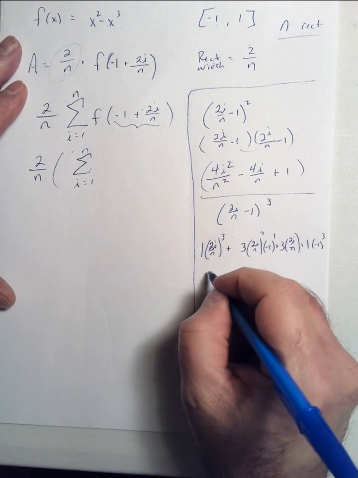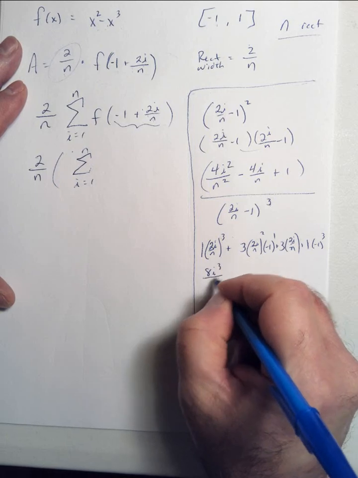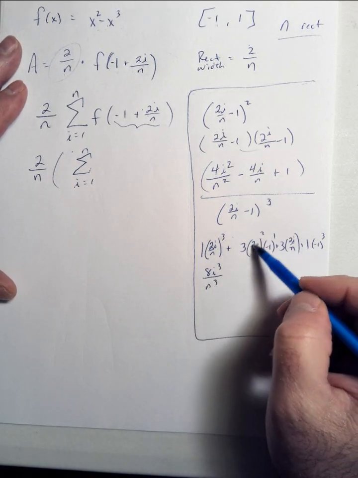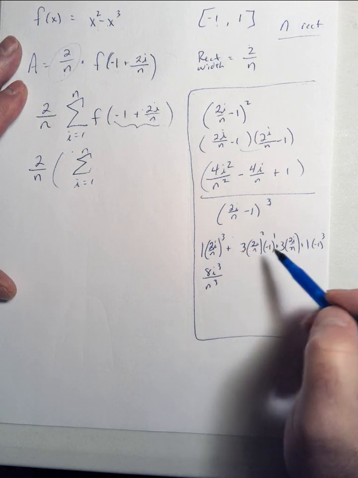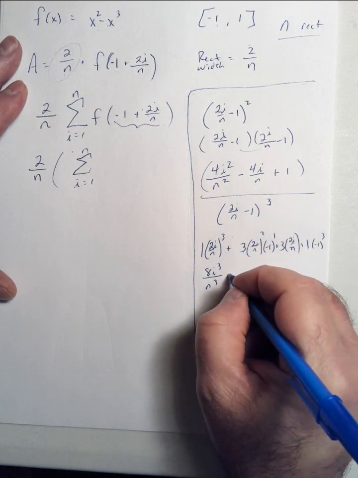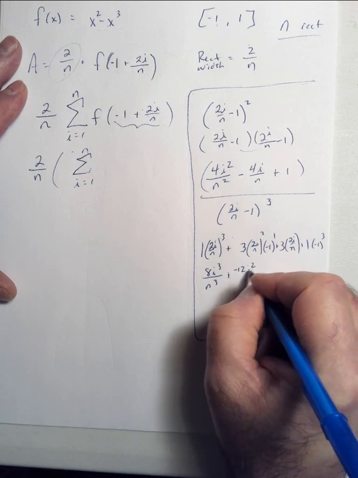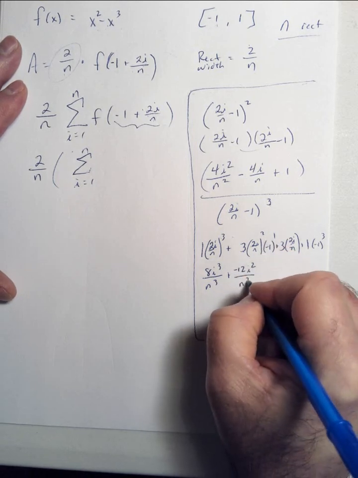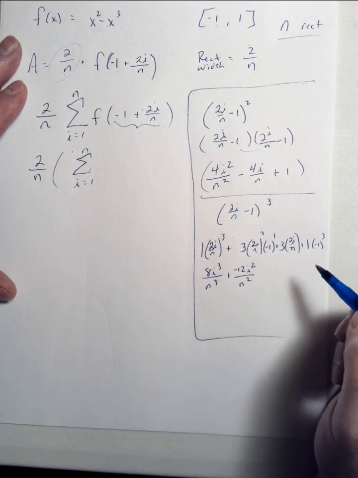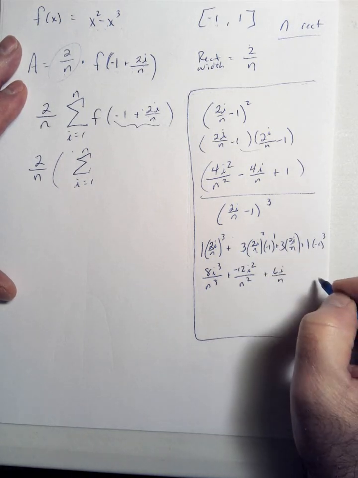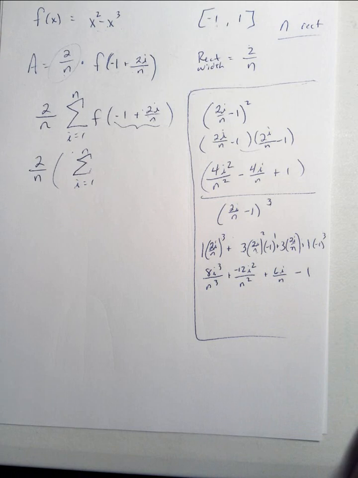So we have 8i cubed over n cubed. We have 4 times 3 is 12, so minus 12i squared over n squared. Don't forget to square that guy. Plus 6i over n minus 1.